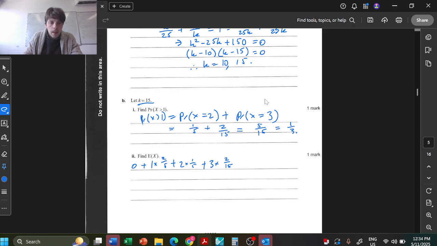Okay, and now let's simplify that down. So that gives us 2 over 5 plus 10 over 5 plus 6 over 15, which, if we write each of those as a multiple of 15, so that's 12 over 5 times 3, so 36 over 15 plus 6 over 15.